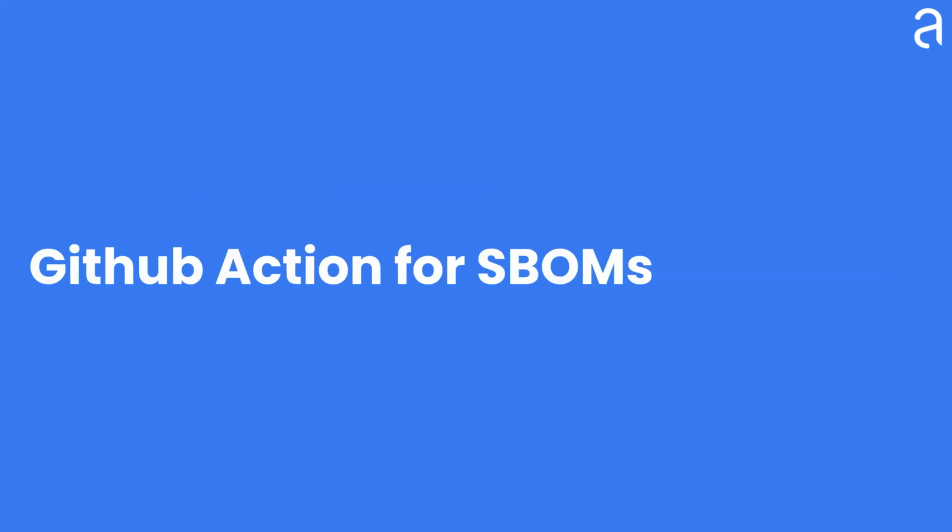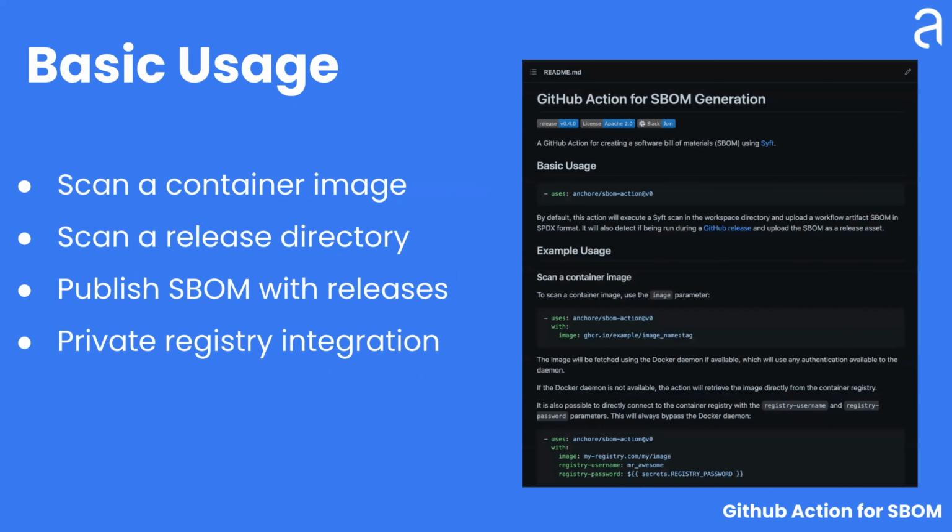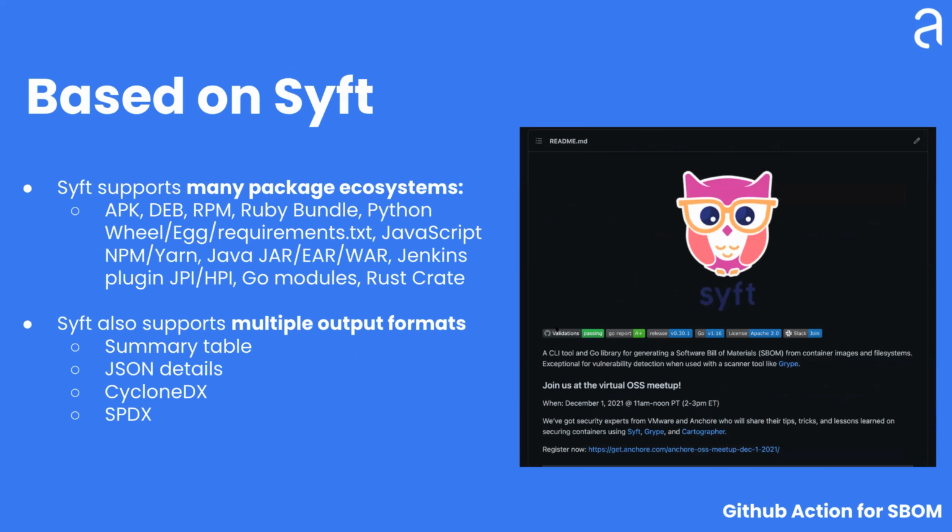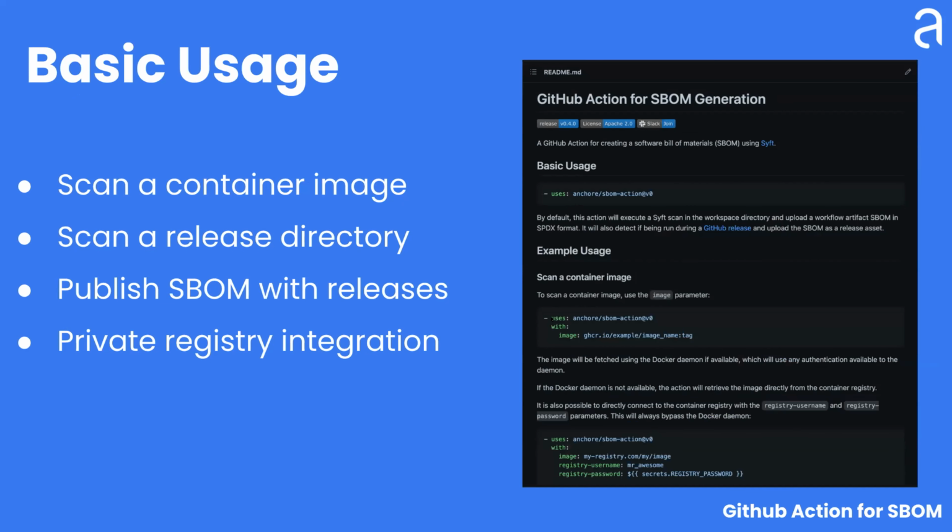All right, so let's take a look at what you can do as a developer to build an SBOM for your individual projects. If you're not familiar with GitHub Actions, don't worry, we're going to go into a workflow of what that looks like. But the biggest thing to highlight is that, if you look at my cursor on the right, you can see it only takes 3 lines to get started.